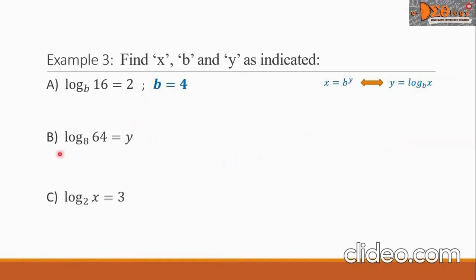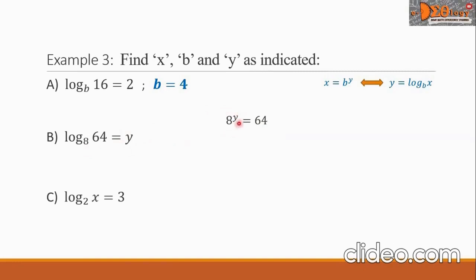I will convert this into equivalent exponential form, and this is the exponential form. 8 raised to y equals 64. Again, we see the base here, the log with base 8. I copy that same base in here, and this y is the exponent that I can use here.